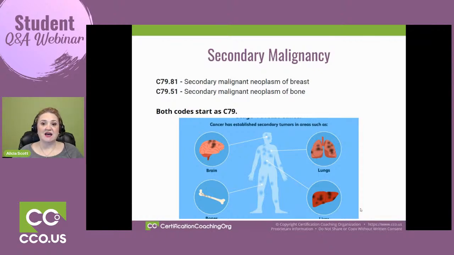Let's say that they're going to do a biopsy of the bone. Then it's the bone cancer that's sequenced first, and the secondary bone cancer, and the primary cancer of the breast second. Now, this follows through with the code set, with other codes. Whatever's being treated that day ends up being listed first.